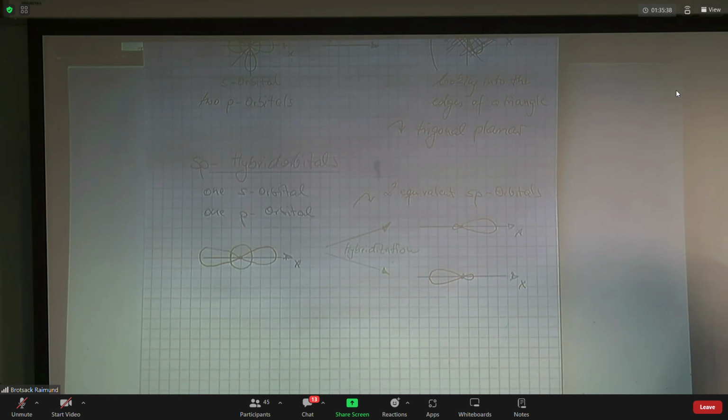Now we talked about the rotational symmetry of sigma. Do we have that for pi as well? No. That's the difference. Pi, we cannot rotate. The pi bonds are fixed. If you look at that dumbbell structure in the px, and you have a second atom, again with the px, and now you try to overlap them.